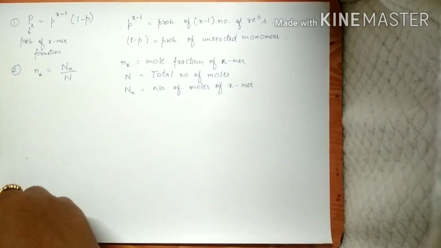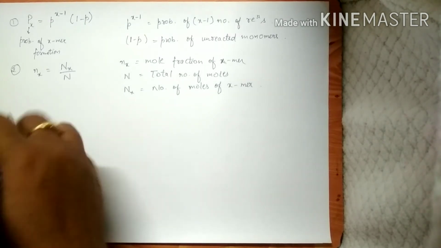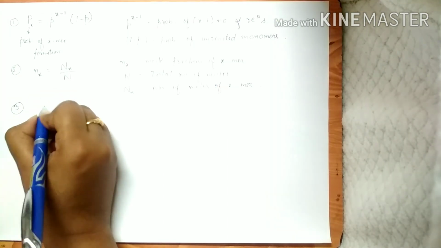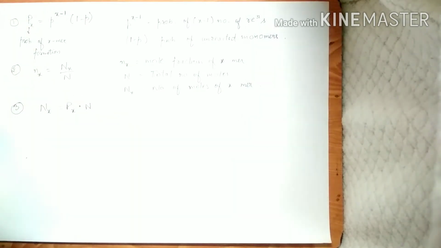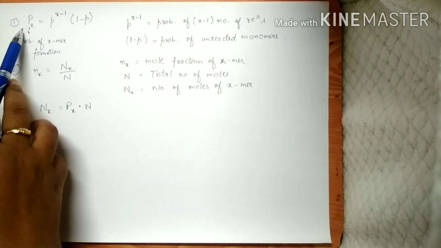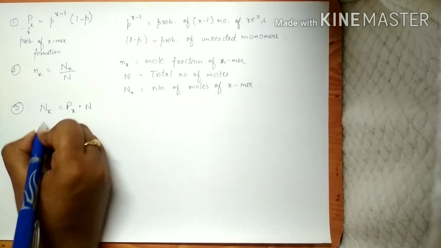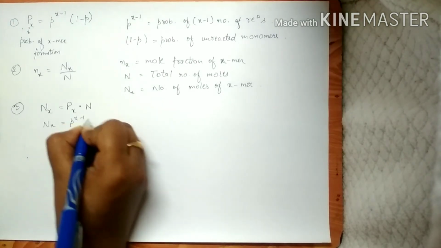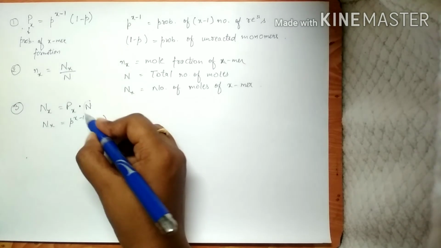Now I think two more formulas are left. Your Nx is equals to Px into N. This is a formula. Here you can use the value of Px from the first formula.